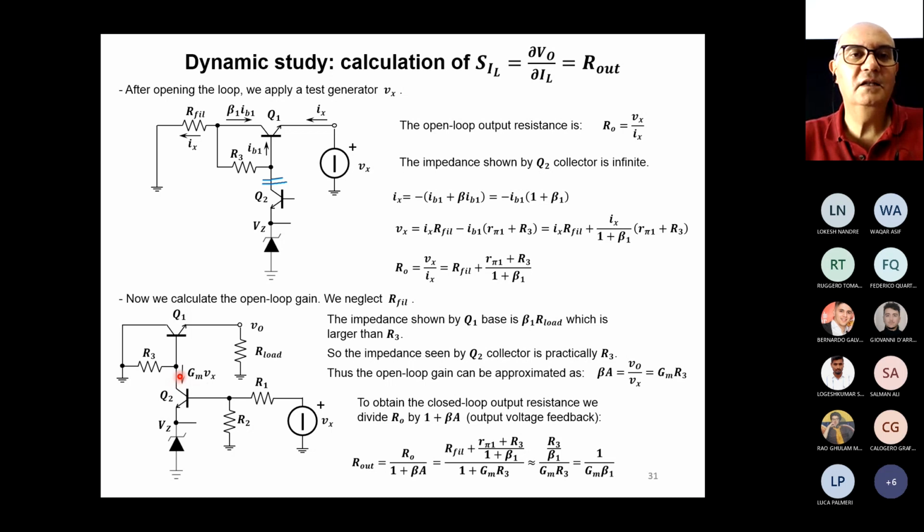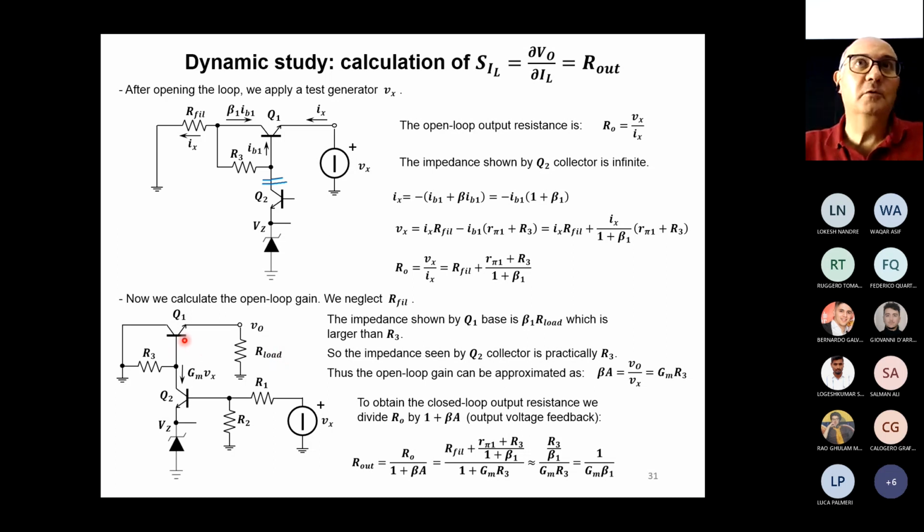What is the resistance seen by the collector of Q2? We have R3, which is going to the ground, but we also have the resistance that we see looking into the base of transistor Q1. That means R pi plus 1 plus beta 1 times the load resistance that is on the emitter. Okay.